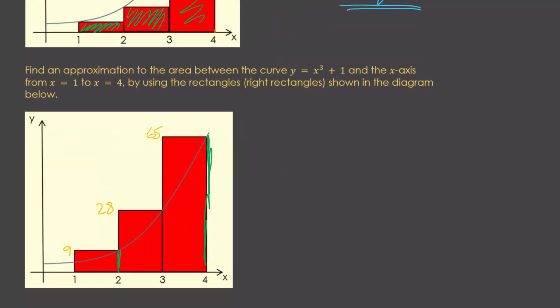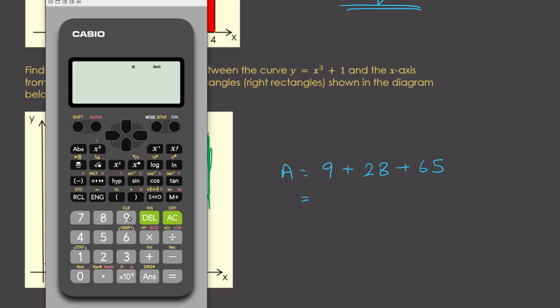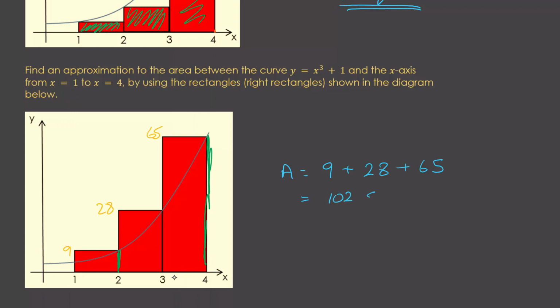So my area this time is going to be 9 plus 28 plus 65, which is 102 square units.